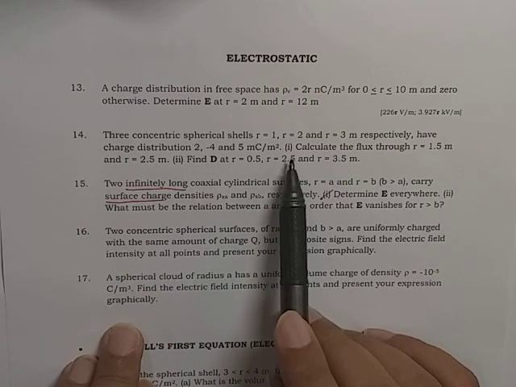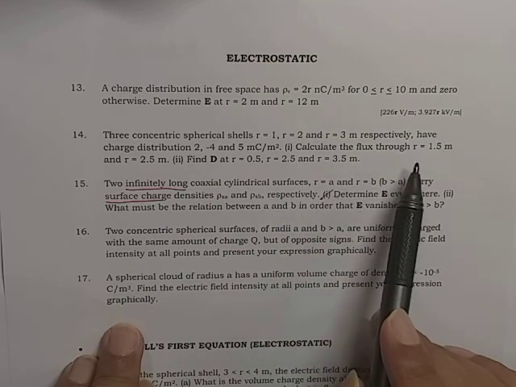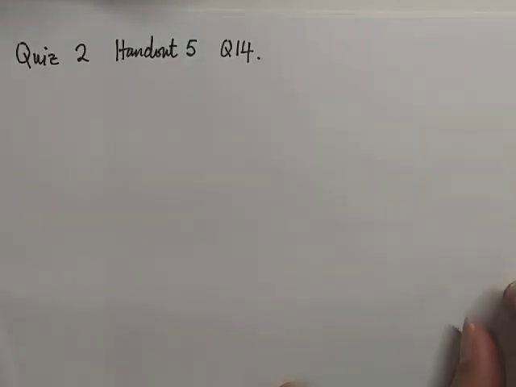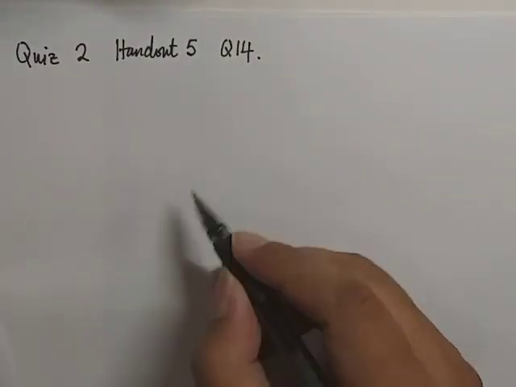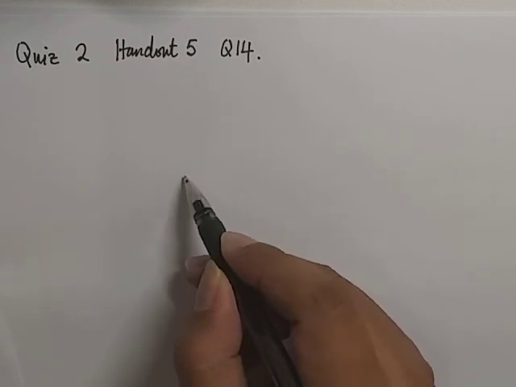For part 1, calculate the flux through two radii, r equal to 1.5 and r equal to 2.5 meters. Let's draw the problem first. I'm going to draw three spherical shells here.